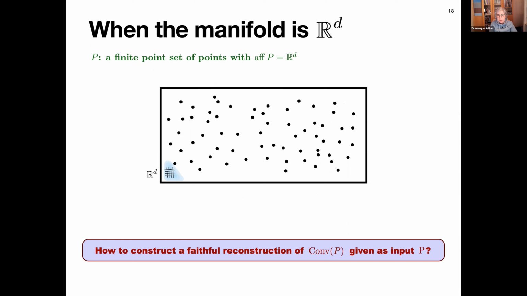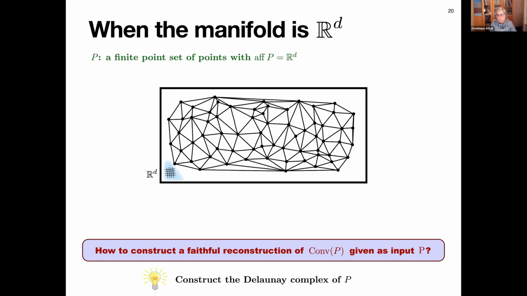So imagine that actually your manifold is flat. There is no curvature. The point sets are, say, in R^D. Then we know how to construct a faithful reconstruction of the convex hull of the points. This is easy. We can return the Delaunay complex of the point set.